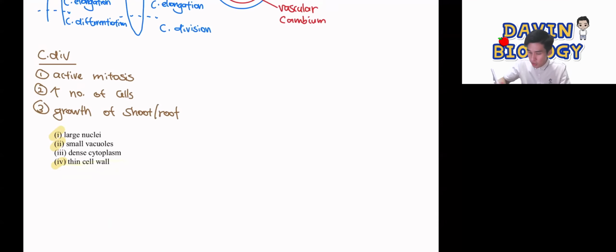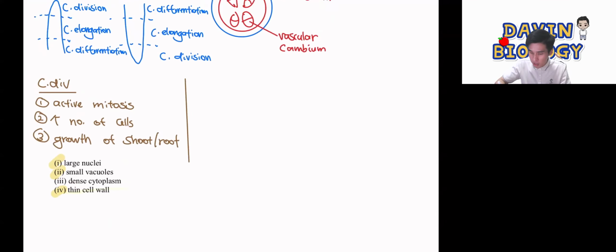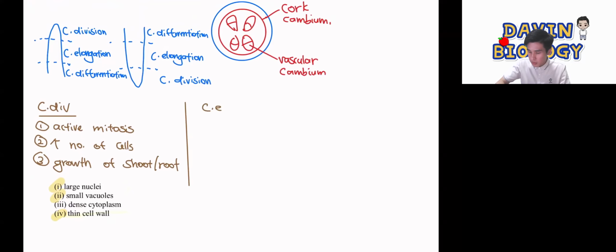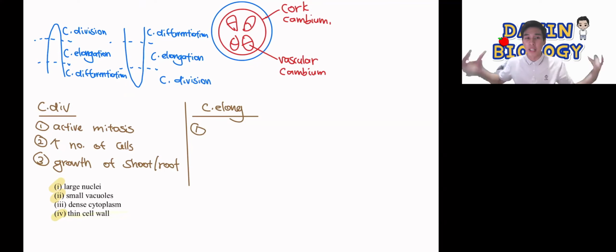Then at the zone of cell elongation, what happens here? Basically, they elongate. Elongate means long. Just remember long means they become big, basically. But how? Just now I mentioned they mainly rely on their vacuole. So at this zone, the cells start to absorb water.